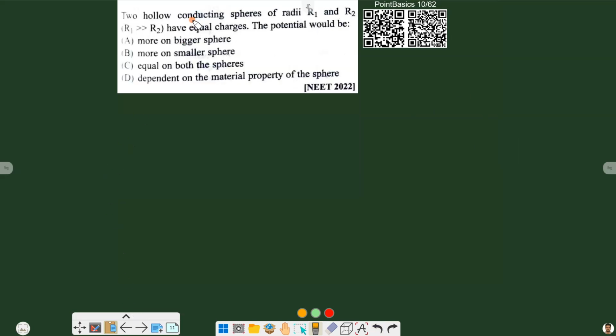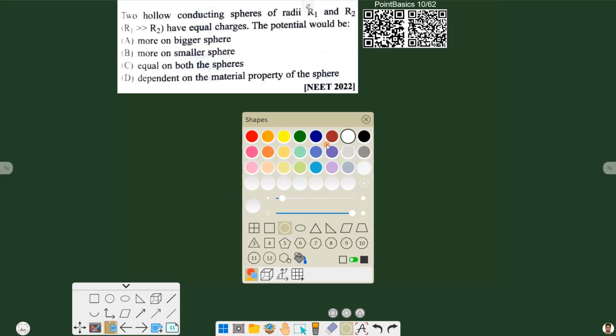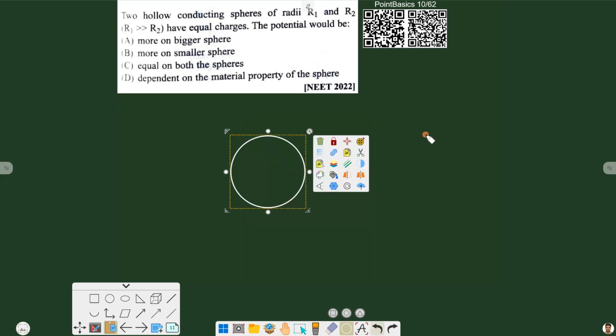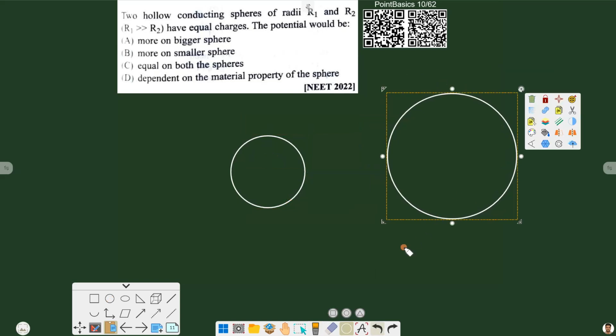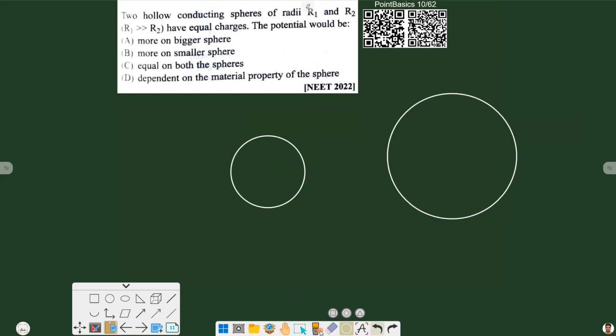Two hollow conducting spheres of radius r1 and r2, where r1 is greater than r2, have equal charges. We have to find on which one of them the potential will be higher. So suppose this is our first sphere and this is our second sphere.